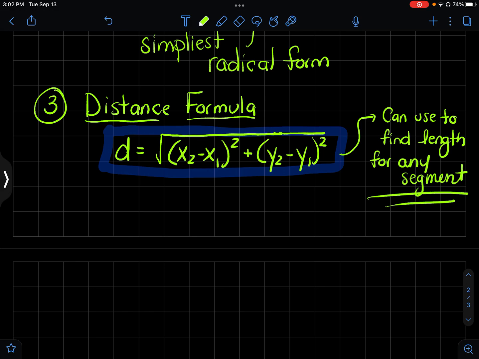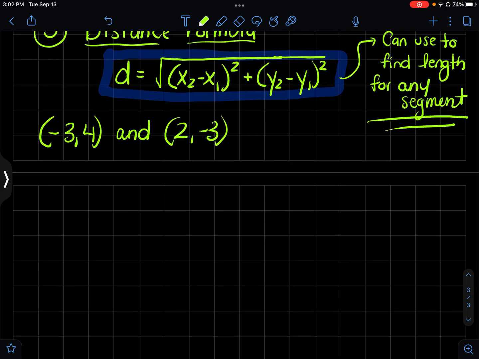So let's take a look at one more example. And I'm just going to give you the coordinates. Let's say we have -3, 4, and let's say we have 2, -3. So whenever you're dealing with ordered pairs, what I recommend doing is labeling x1, y1, x2, y2, because when you're plugging it into the formula, it is super, super easy to make a mistake.